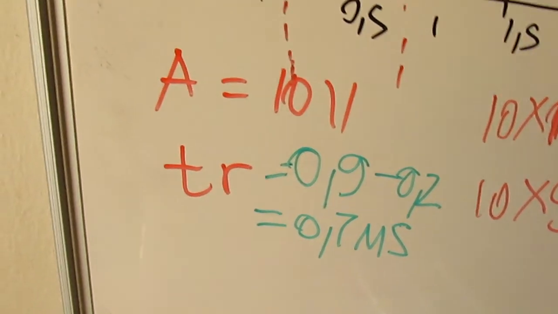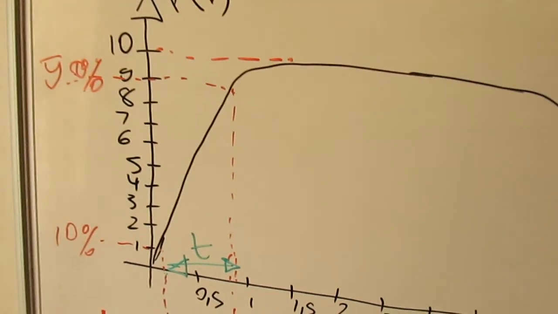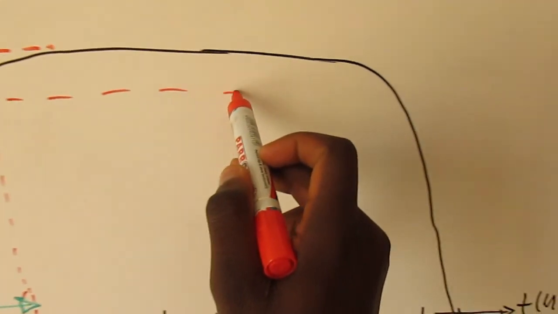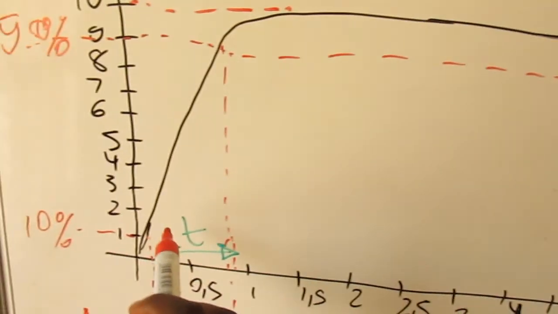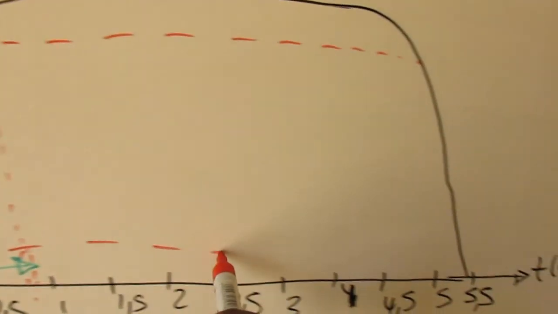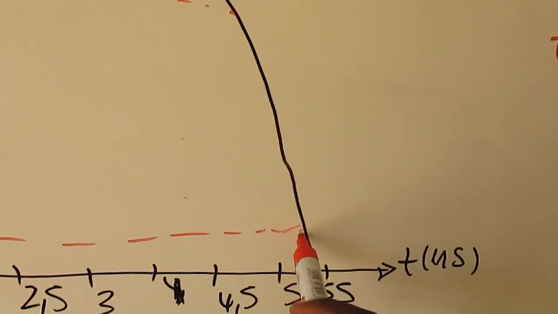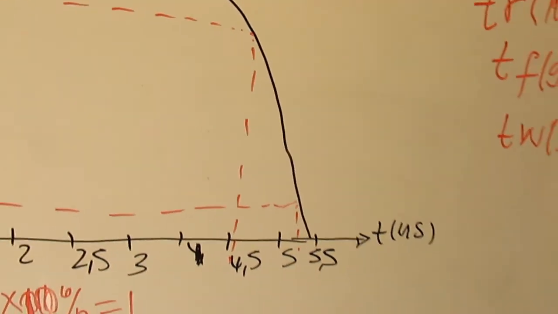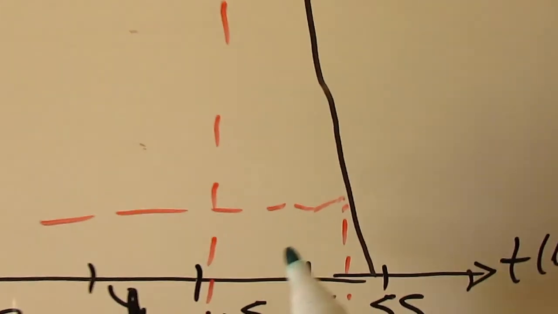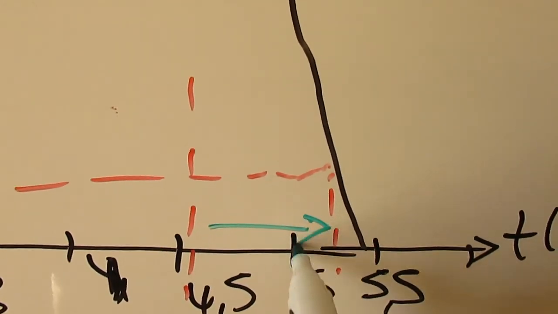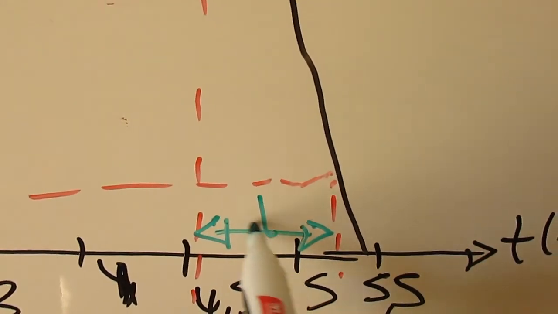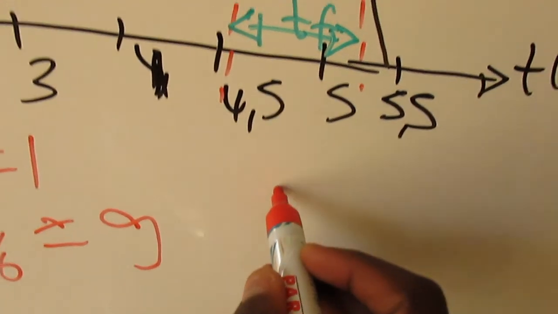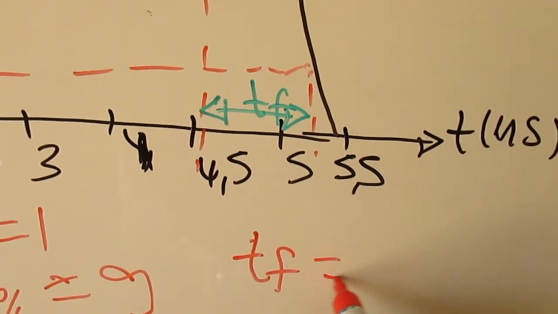And then you do the same for the falling time. Now look at how the graph is. You move with it until the falling, and then you move with the 10% until the falling. So you go with it down, you go with it down, and therefore your falling time is going to be this time here. Okay, so when you calculate your falling time, it's going to be what?